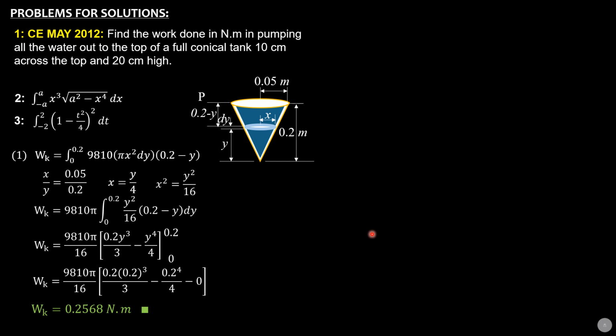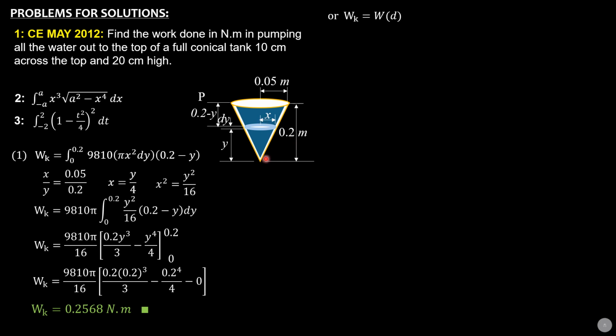Then for the direct way, work is equal to weight times distance, and we know that the center of gravity of this cone from the base, from the point of disposal at the top of the tank, is 1/4 of the height, so 1/4 of 0.2.